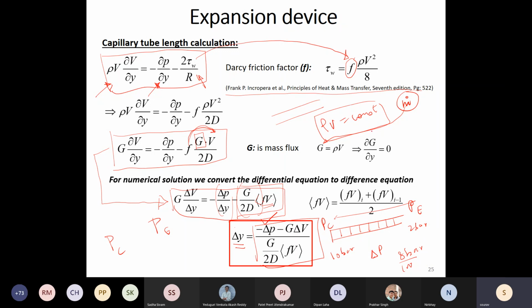Now I will not be able to fix this G unless I also fix A. So what I will do is I'll assume some diameter. From there A gets fixed and m dot is already given to me, because m dot, P_c, P, these are the three pieces of information which are given. So m dot divided by A will give me rho into V, that is the G, which is fixed. So this is also known now.